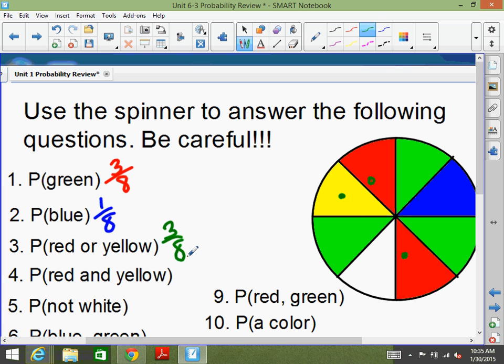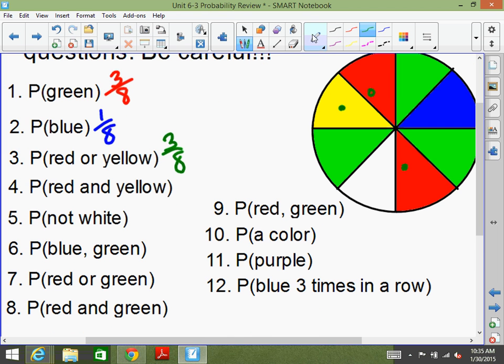Number 4, the probability of red and yellow. Do I want one thing to happen or two things to happen? Two things. This is compound. No, this is compound. I'm wanting two things to happen.